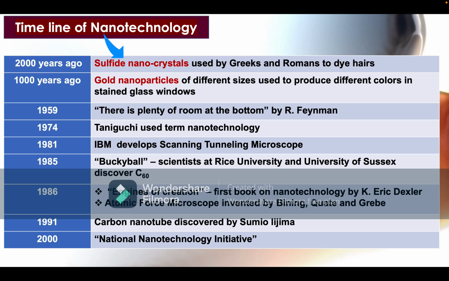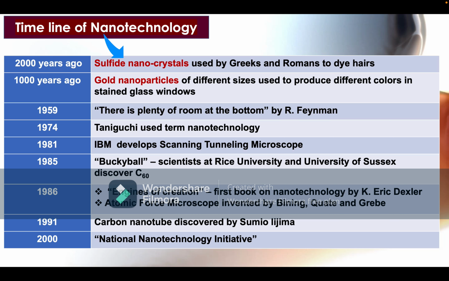In 1981, IBM developed scanning tunneling microscopes. In 1985, the Buckyball, C60, was discovered by scientists at Rice University and University of Sussex. In 1986, Engines of Creation, the first book on nanotechnology, was written by K. Eric Drexler.